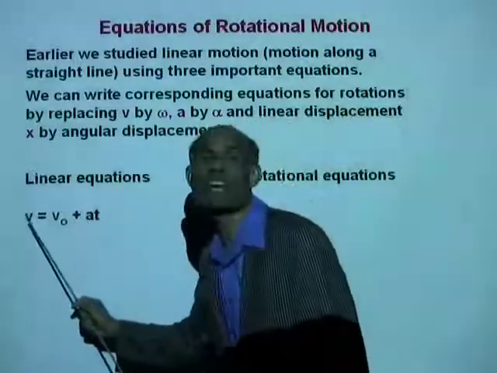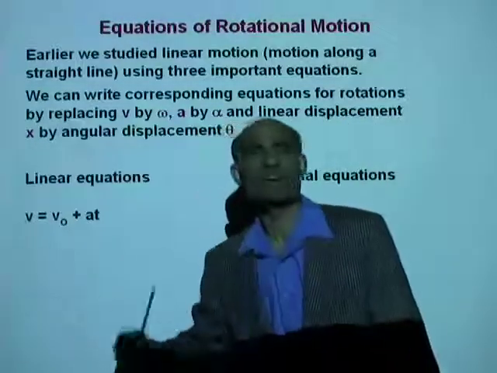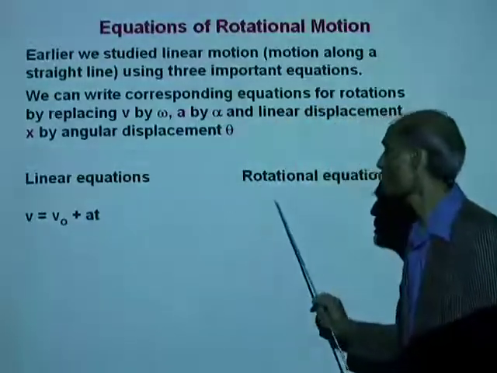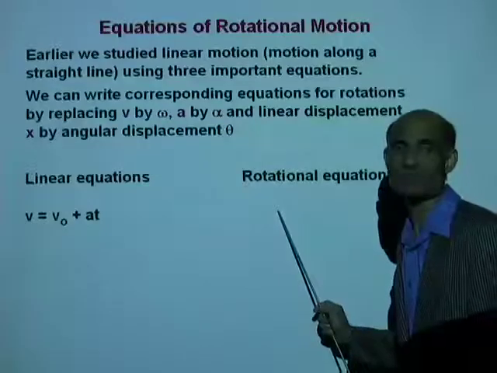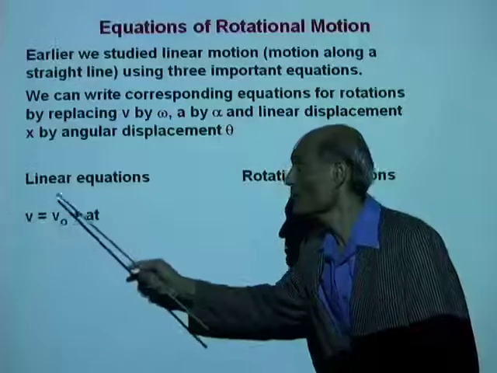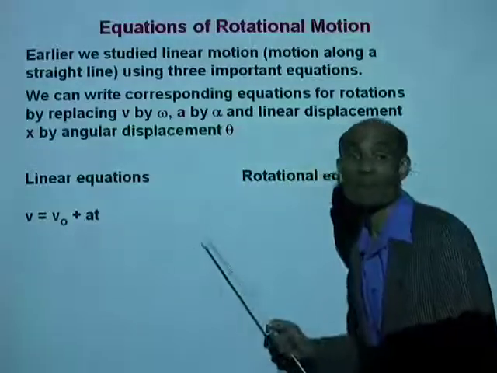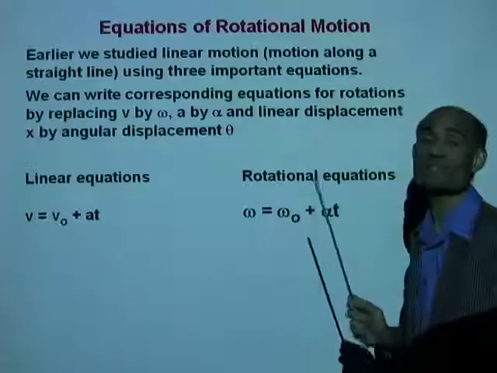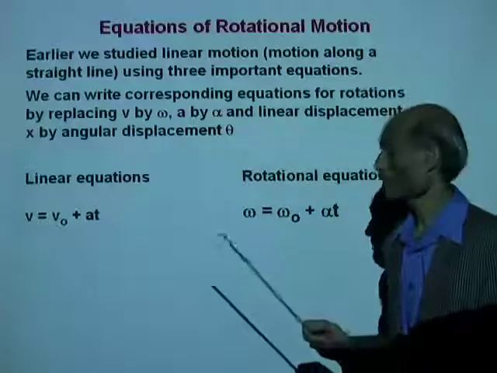In place of vf, I simply wrote v, velocity at any given time. Tell me, what is the corresponding rotational equation? Well, simple. Replace v by omega, a by alpha. We get omega equal to omega 0 plus alpha t.